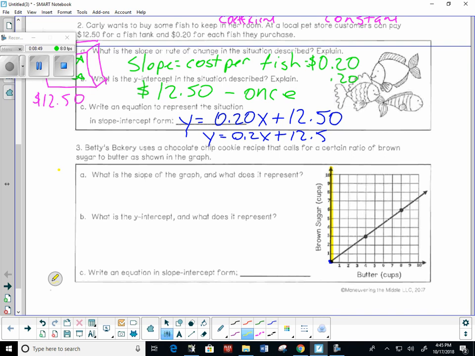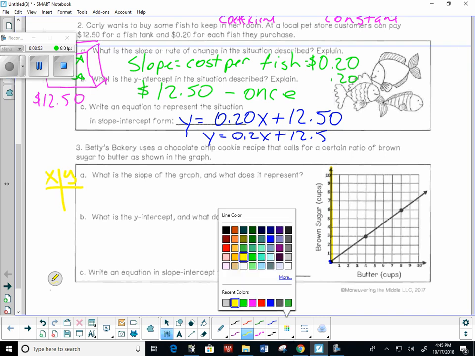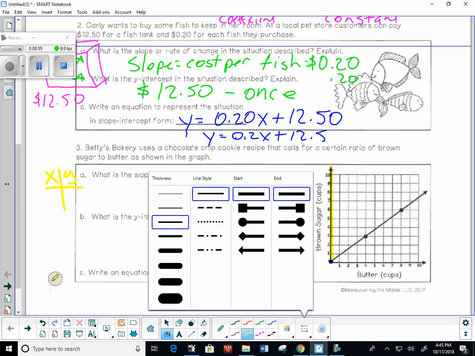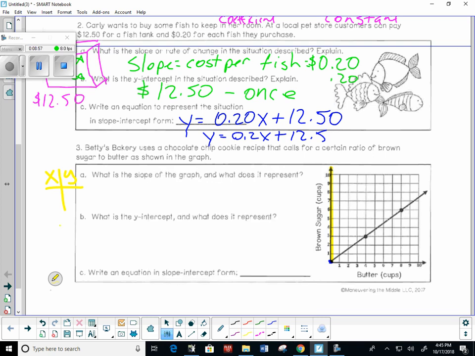we can look and let's go ahead and put our x and y values. So this point right there, x is 4, y is 3. And this point right here, x is 8, y is 6.